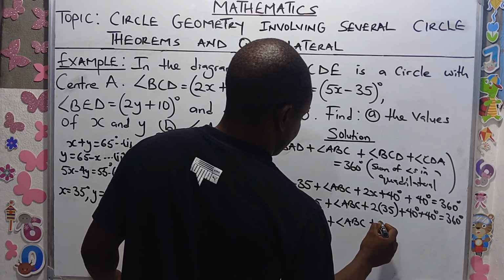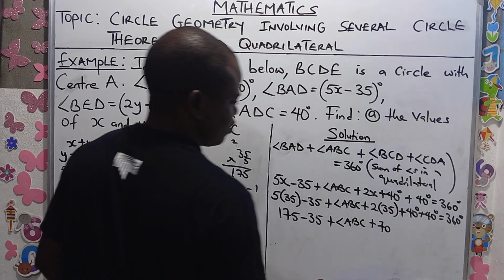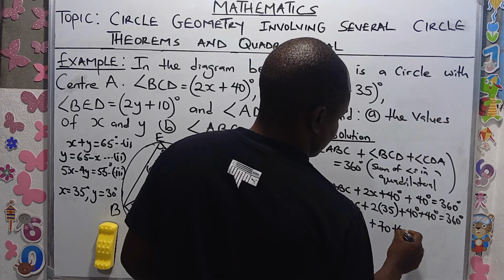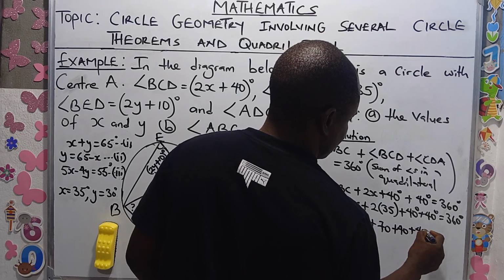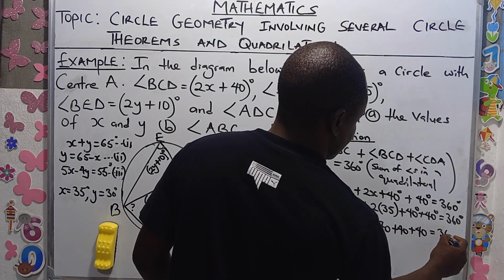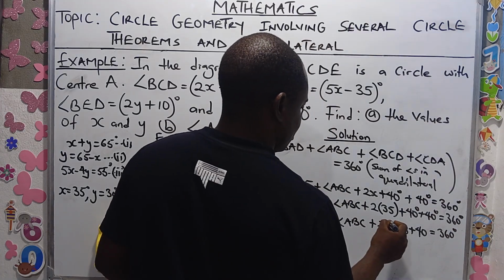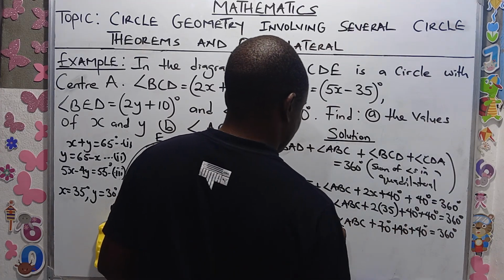That's 70 plus 40 plus 40 equals 360 degrees. That is our angles.